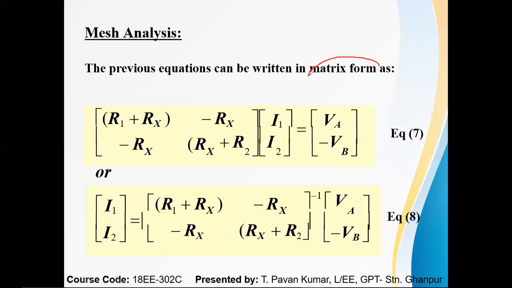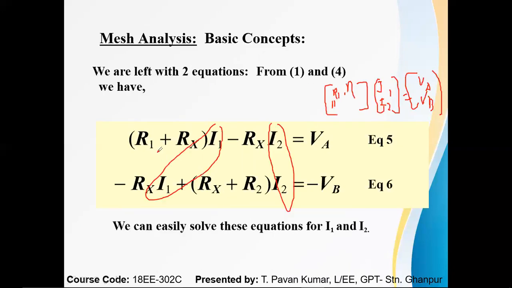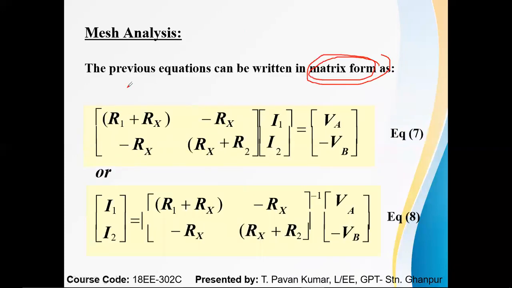You write in matrix form, meaning R1 plus Rx, this is nothing but, I can write 1 1, 1 2, 2 1, 2 2. This is R11, right? This is R12. This is R21. Hence this is R22.